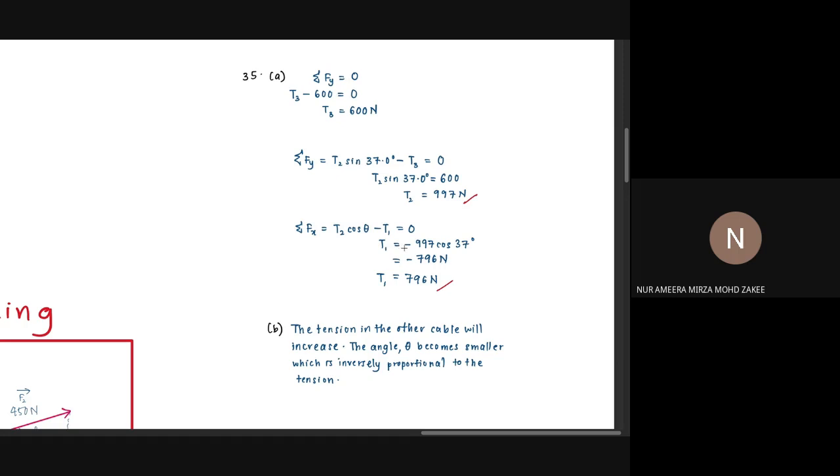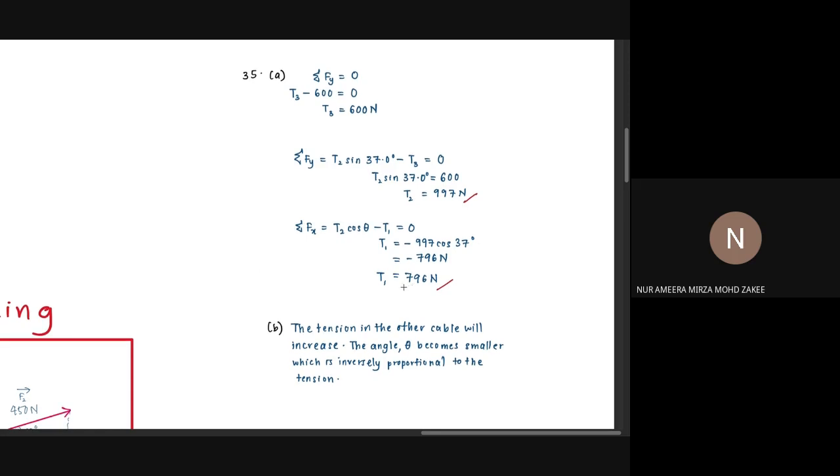So T1 equals, I substitute the values into here, which is negative 997 cos 37 degrees. And I get T1 as 796 Newton. I got negative here because T1 is moving towards the left, so I just eliminate the negative to find the magnitude of T1.